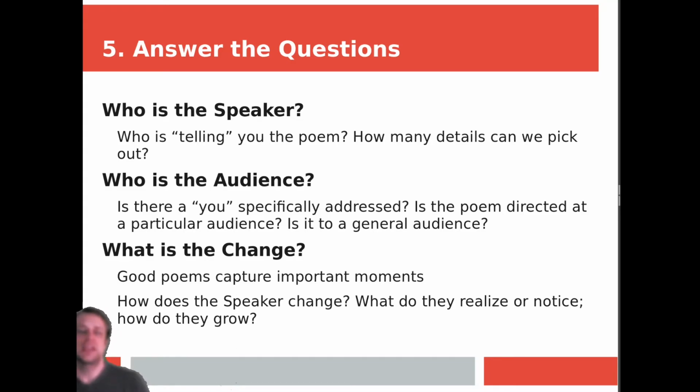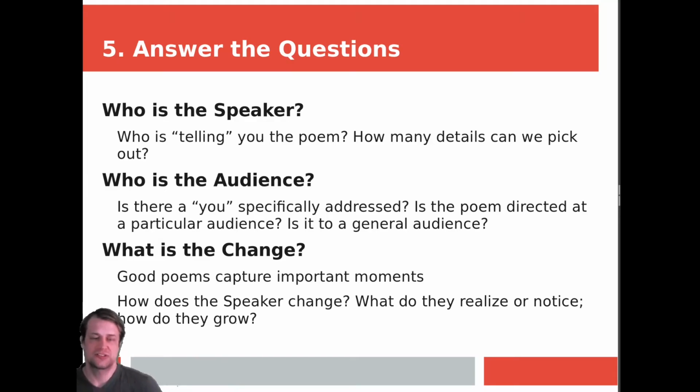In other cases, it might be to all young people, which is a more general audience. And then sometimes there isn't a specific audience in mind. It's just to everyone who might have experienced this thing before or who might learn from the situation. If there is a specific "you," often you learn a lot more about the poem from answering this question.